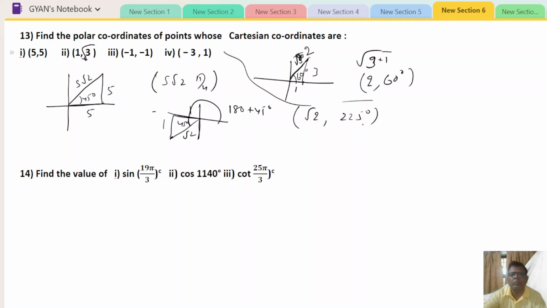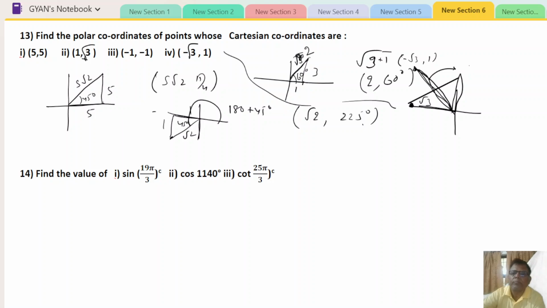And now come to the fourth. Here minus root 3, again this is root 3, and this one is 1. So the coordinate is minus root 3 and 1. What will be this length?